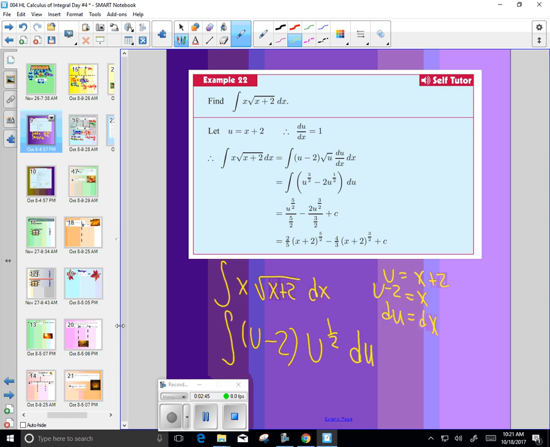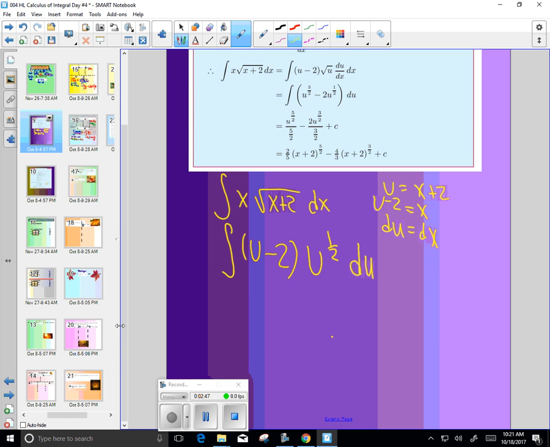Now you're kind of going, so that looks horrible. But actually, it's not, because now what we can do is multiply u times u to the 1/2 minus 2 times u to the 1/2 du, and you can take the antiderivative of each one.